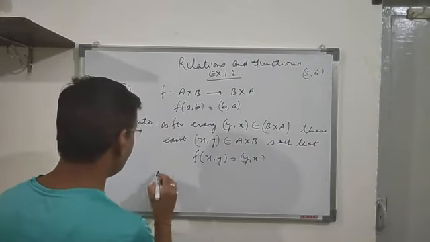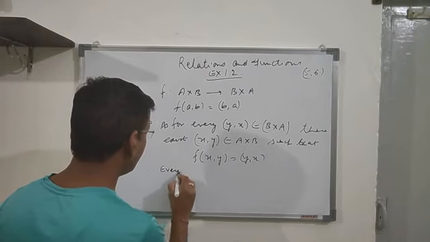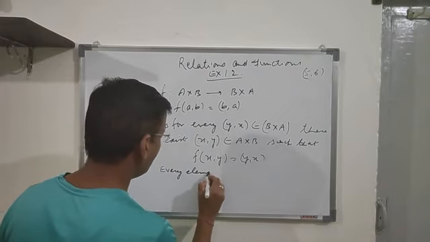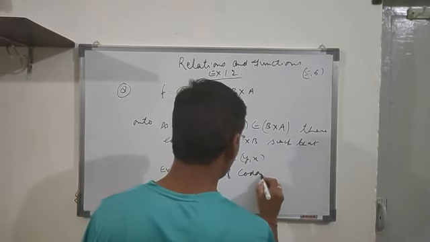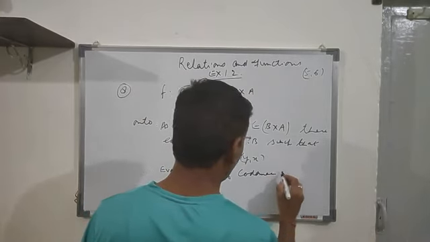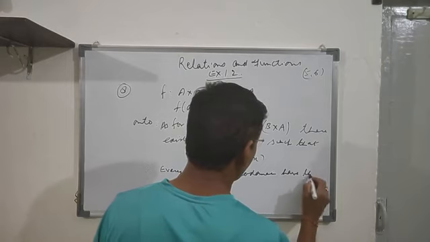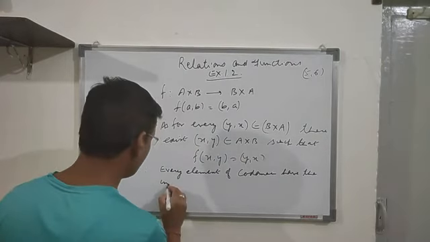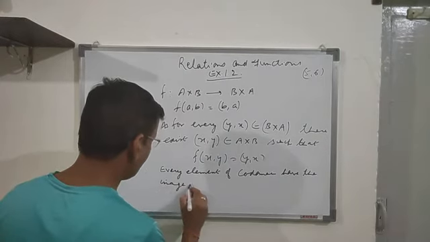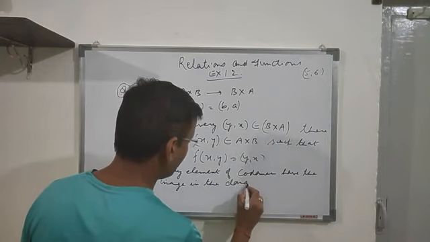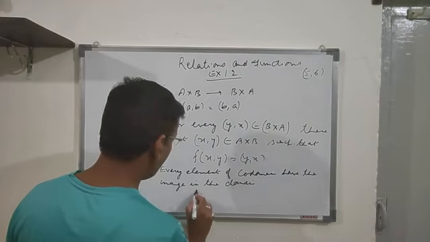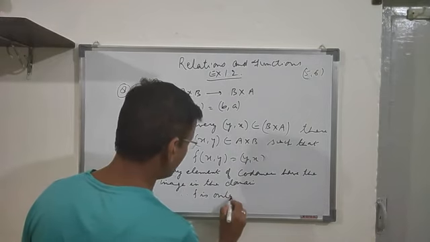Therefore every element of the codomain has its image in the domain. So therefore f is onto.